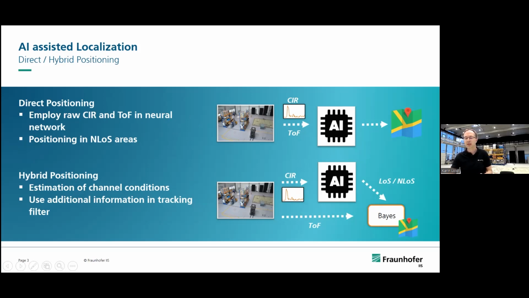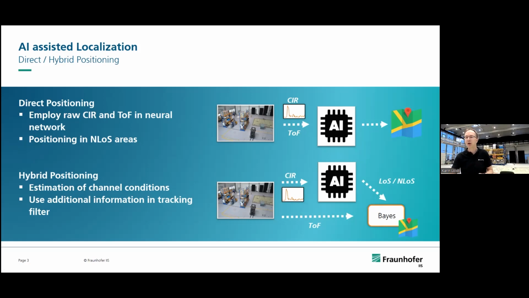What does this mean? This means, for example, in the easiest way, that you like to distinguish, do I have a line of sight path? Because if I have a line of sight path, so for example, in a very free area where there's no machinery and nothing around, you can do uplink TDOA-based positioning, and it is maybe the best that you can do there, together with maybe some filtering afterwards.